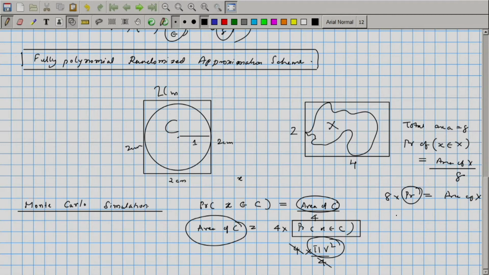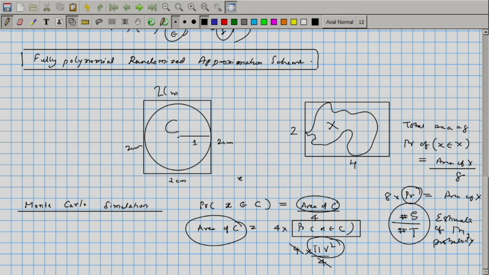Let us say we independently toss 100 points, and out of these 100, some of them will lie inside and some will lie outside. We should have a method to figure out if the randomly chosen point lies inside or outside the region of interest. If we could do that, the number of points which fall inside, let us say that is success, then the number of successes by the number of trials is a good estimate of the probability.